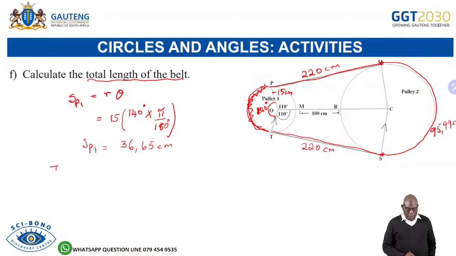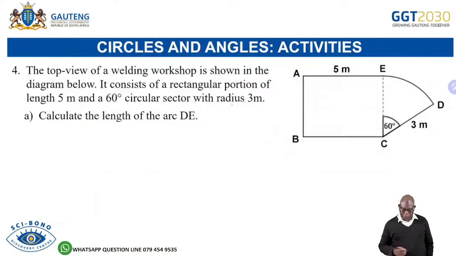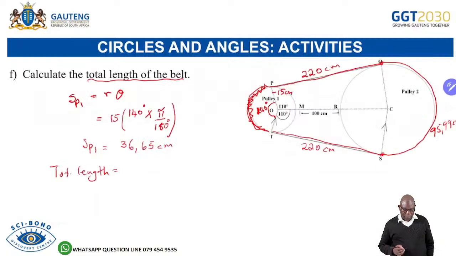But what do I need? I need the total length of the belt. So what should I add? This side I know, it's 36.65.